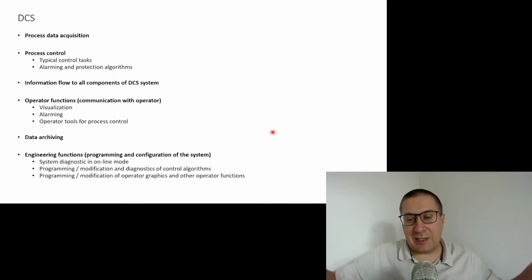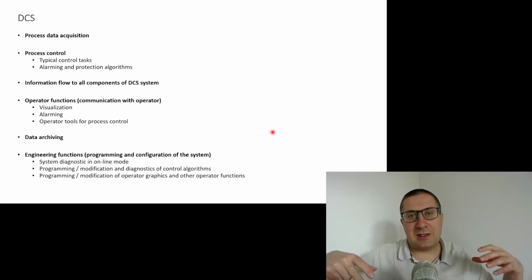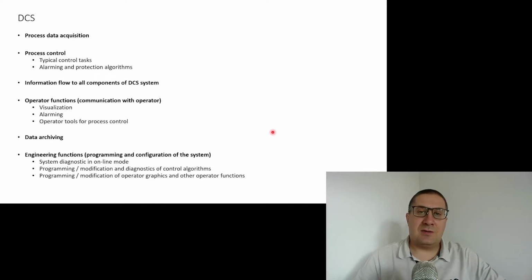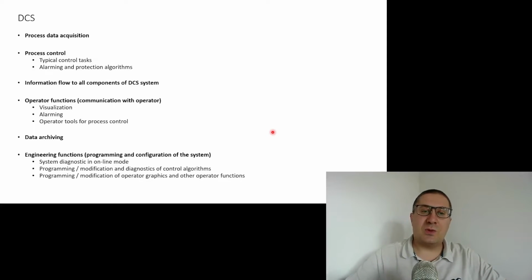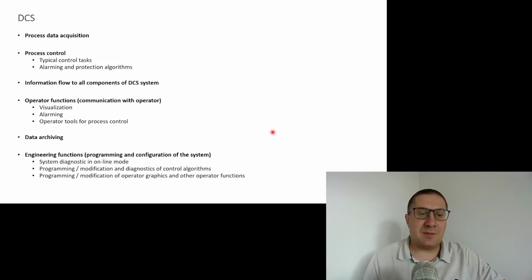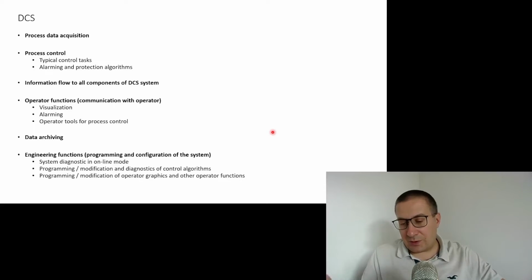There is an IT network that allows for information flow to all components of a DCS system. We have those operator stations that allow for visualization, alarming, and operator tools for process control. I will talk about them later. Of course, data archiving, a very important thing for us if we would like to train our AI algorithms based on the historical data.